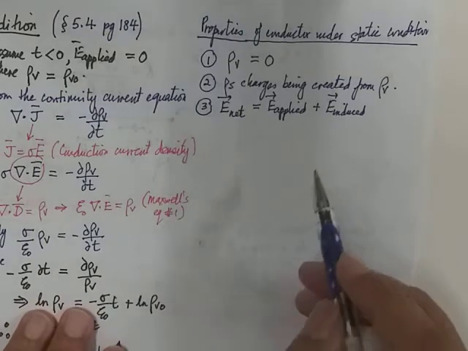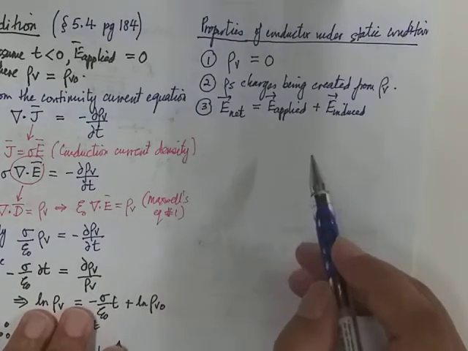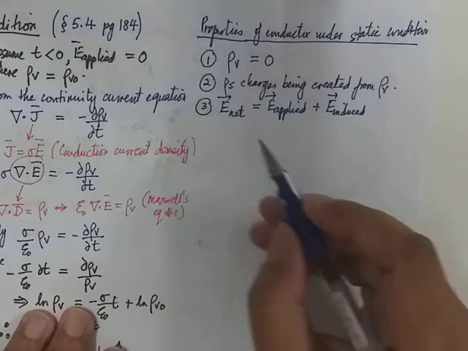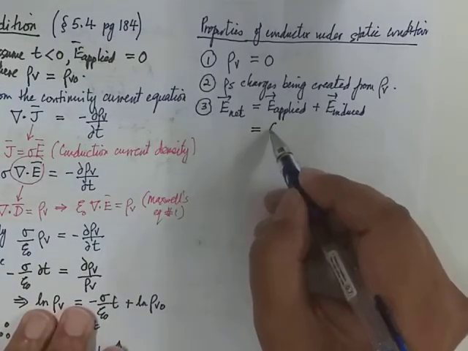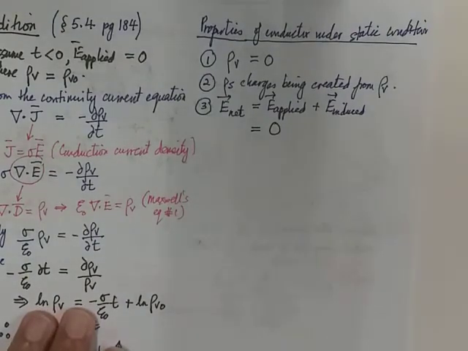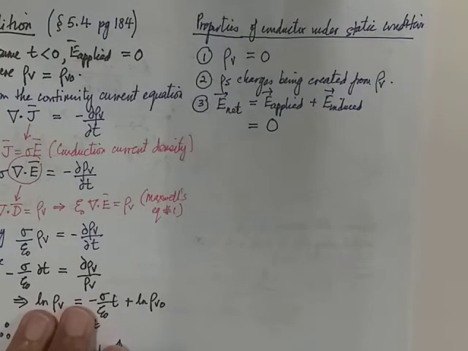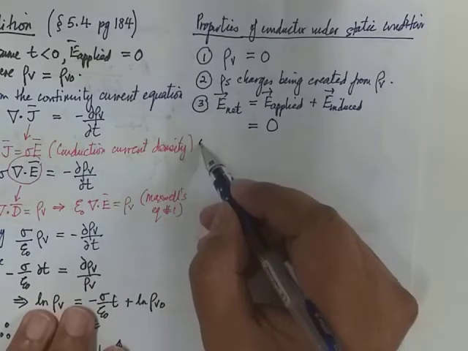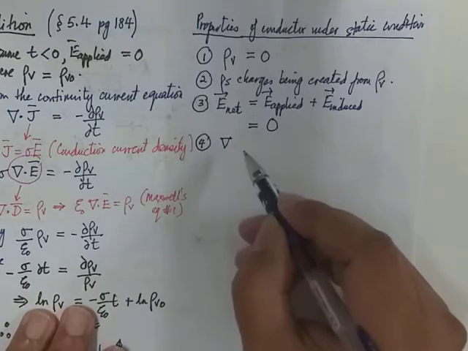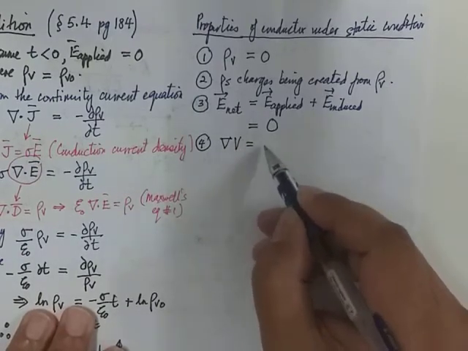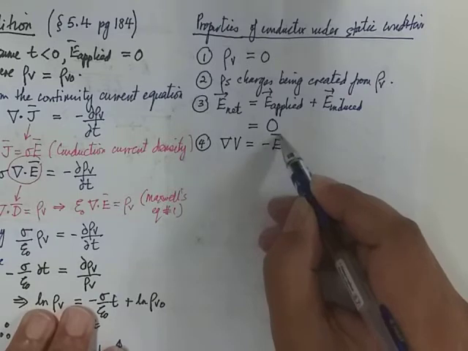Since the direction of our E induced is opposite to E applied, for a conductor the net E must always be equal to 0. That should be the third property of a conductor under static condition: the resultant E inside the conductor is 0. Number 4: we know that grad V equals negative E. Remember that equation?